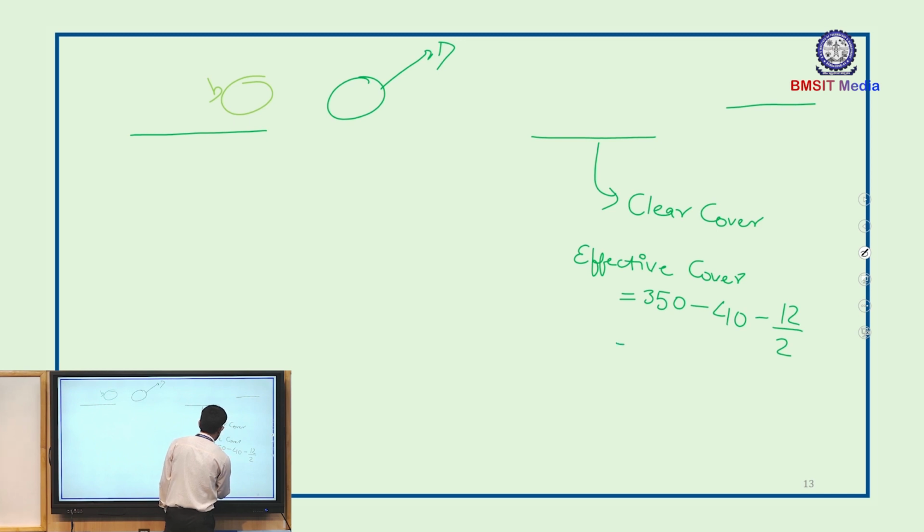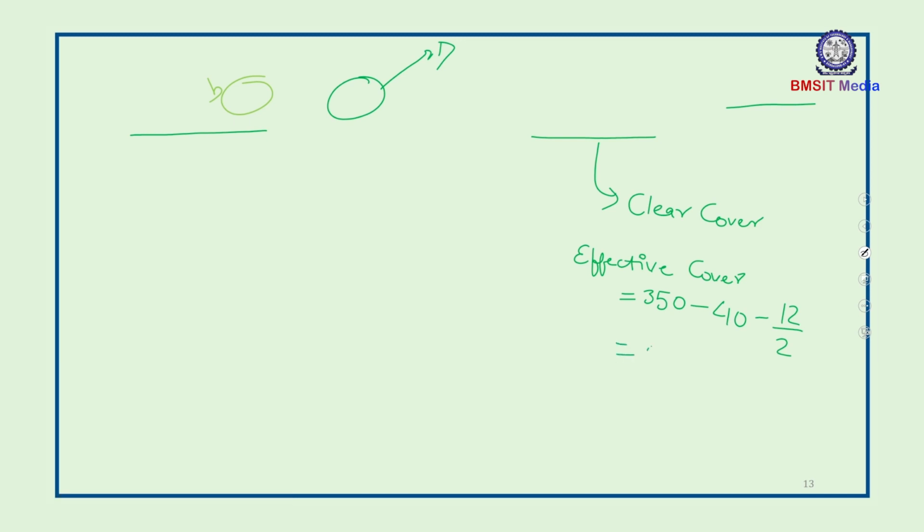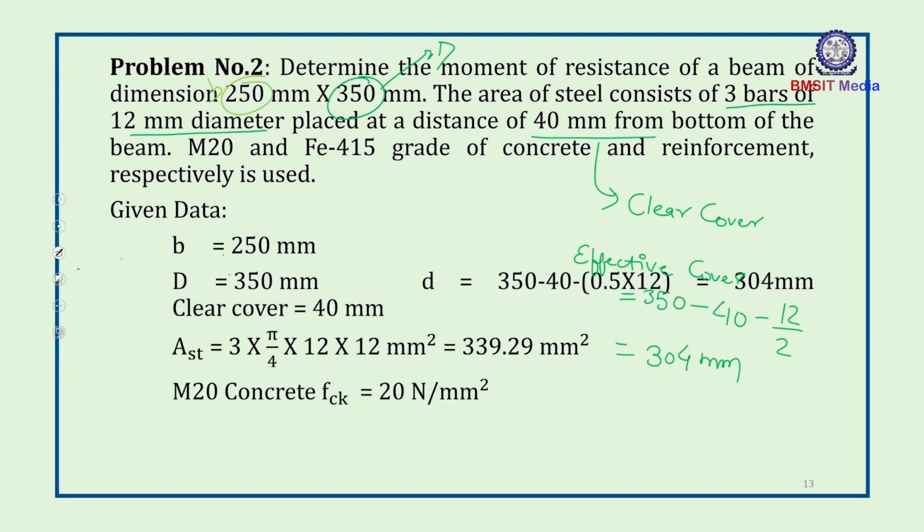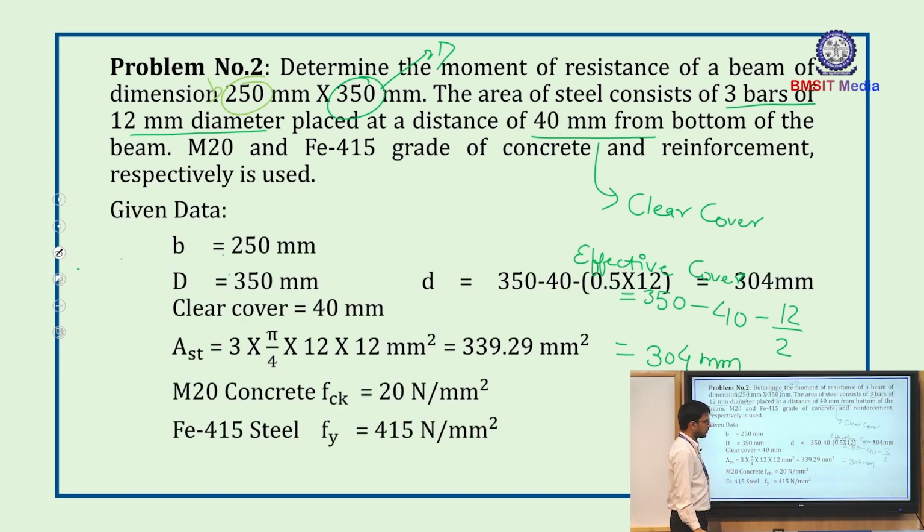So this is the effective depth we have, that is 304 mm. So these are the given data we have, and then we have to calculate the moment of resistance.